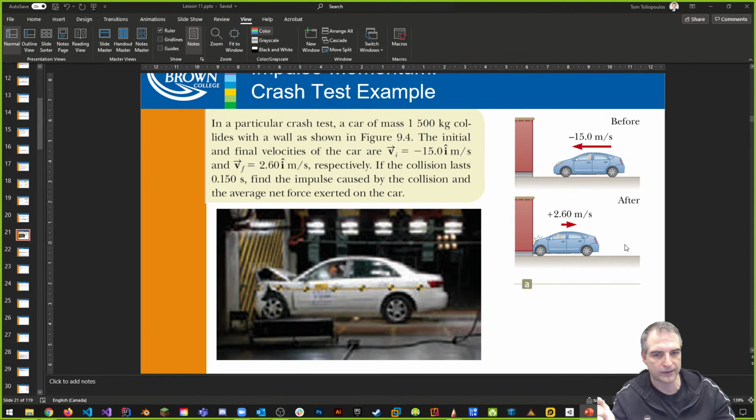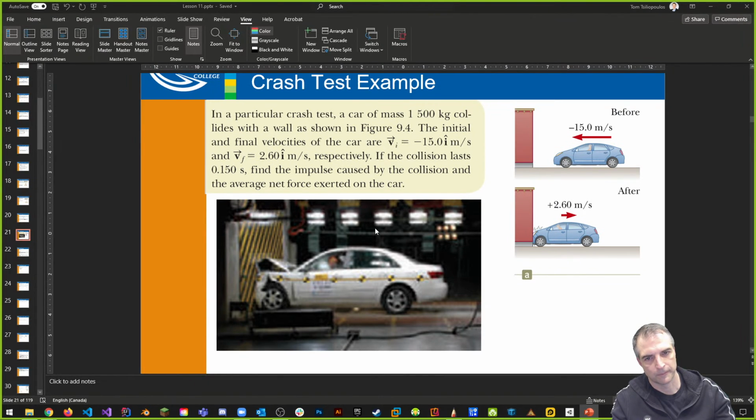It reflects back the other way. So v initial, v final, just before, just after. If the collision lasts 0.15 seconds, a fraction of a second, find the impulse caused by the collision and the average net force exerted on the car. Again, a really useful piece of information. We want to understand how much force was used on the car right when it hit.